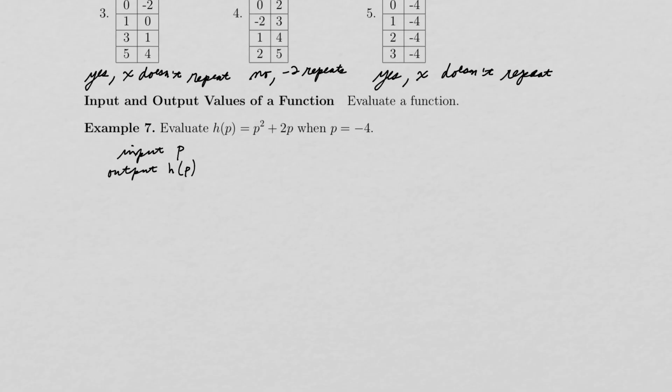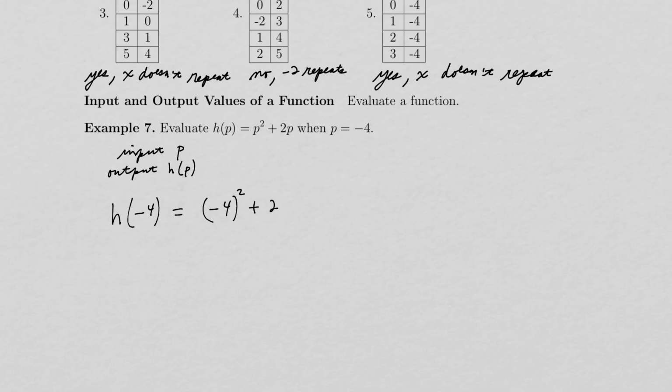So if I want to evaluate that function when p is equal to -4, I literally am going to just plug in -4. Wherever I have a p, I'm going to substitute in -4. So you can write it like this. I want h of -4, which means p now becomes -4. Where I have a p, I'm going to put in -4. Now you have to be careful, right?